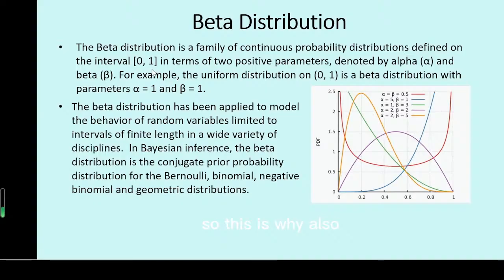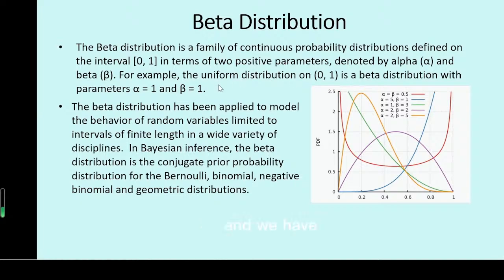This is why beta distribution is also called the probability of probability. What this means is that in beta distribution, all random variables vary between 0 and 1. So if you want to model the probability of the probability, you can use the beta distribution. And the beta distribution has two parameters, alpha and beta.